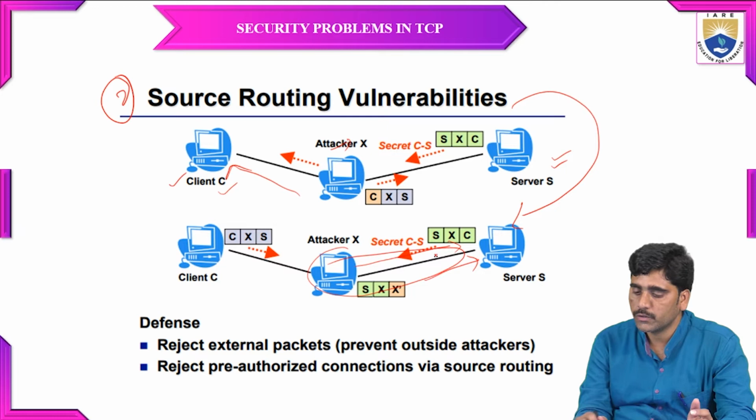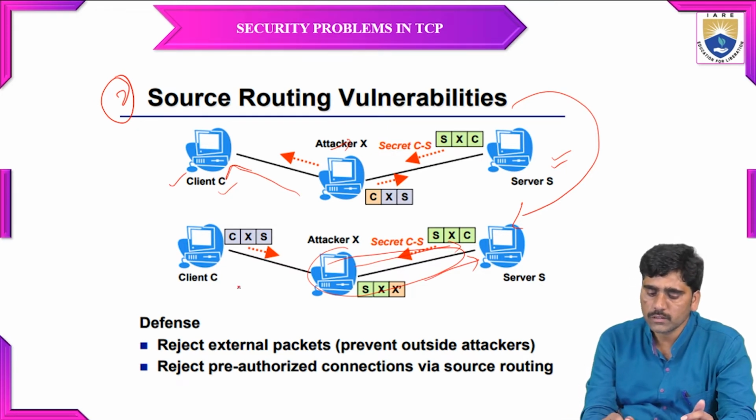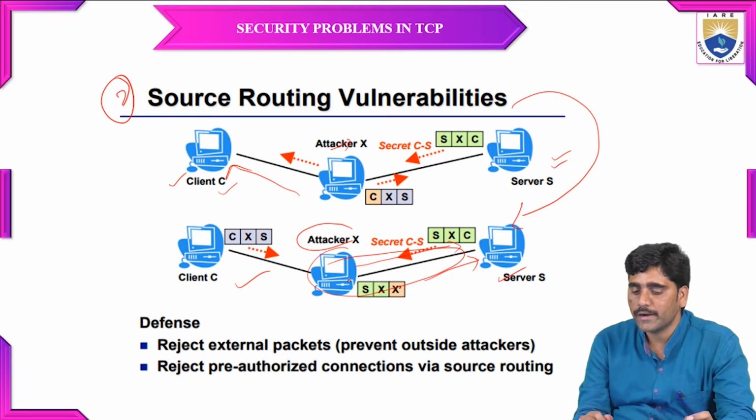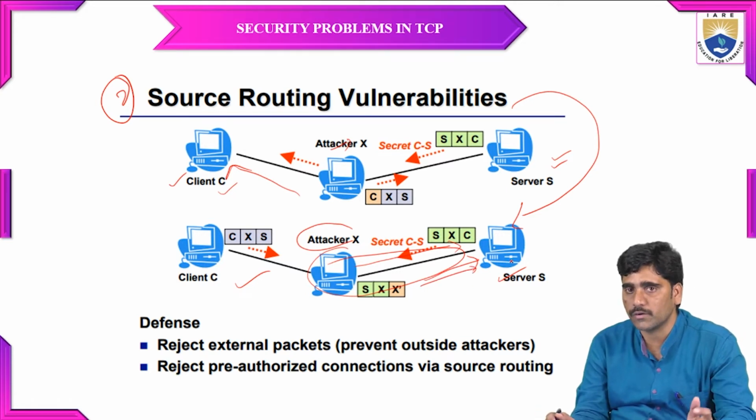So the client sends messages to the server with the help of the attacker, which means the attacker is acting like a client. The attacker takes control over the route, and he can send the data to the destination, the server.